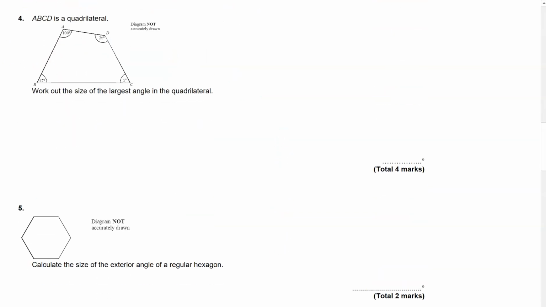Number 4, we know it's a quadrilateral, so therefore we know it's going to add up to 360. So I know 100 plus 47 plus 2x plus x has to add to 360. Simplifying, I get 147 plus 3x is 360.